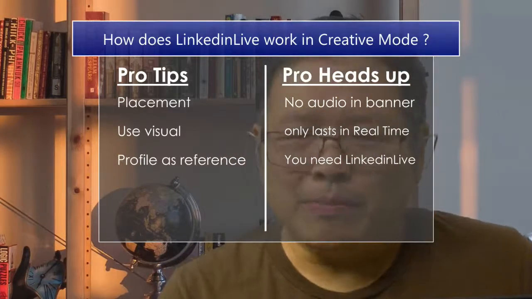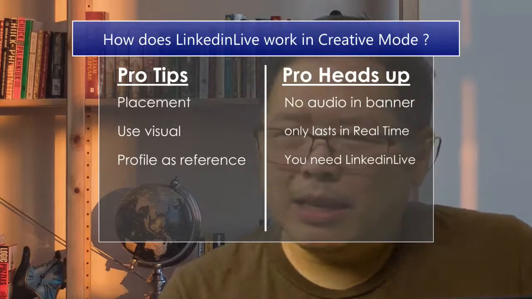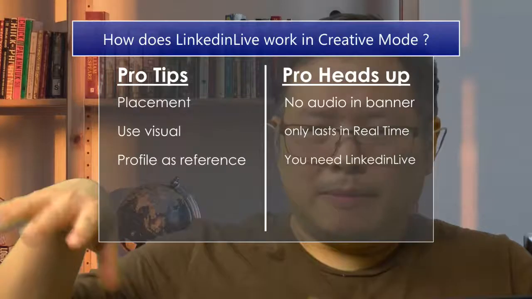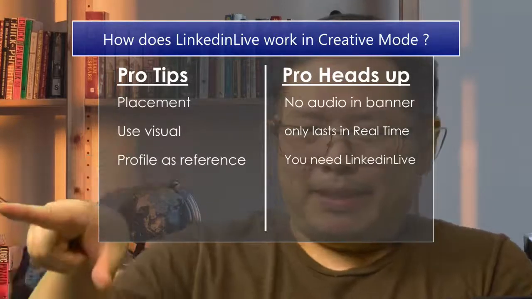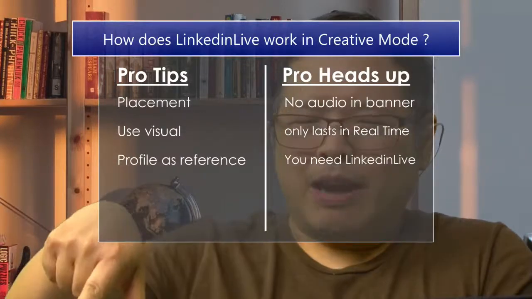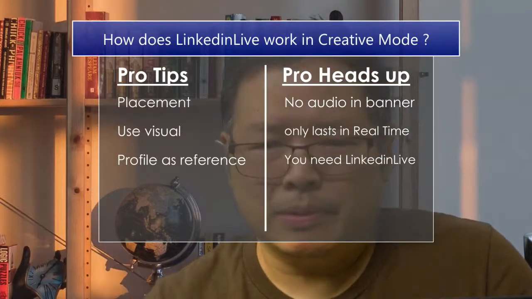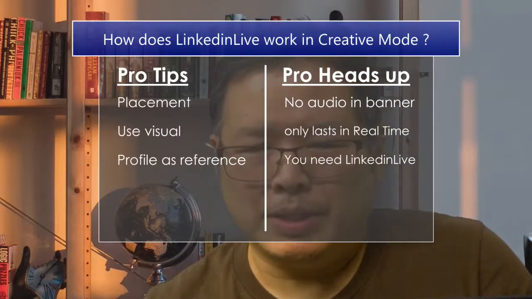Now the pro tips. In your LinkedIn profile, in the lower left corner, you have your face kind of in the way. So you want to make sure that when you're live, it's good to the second point, which is making sure you have the visuals.